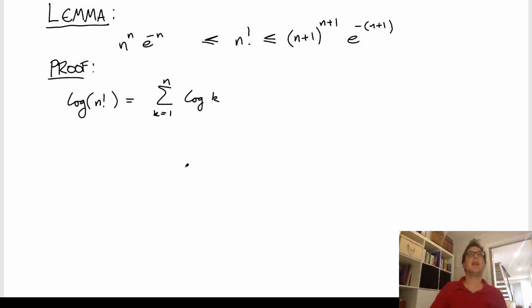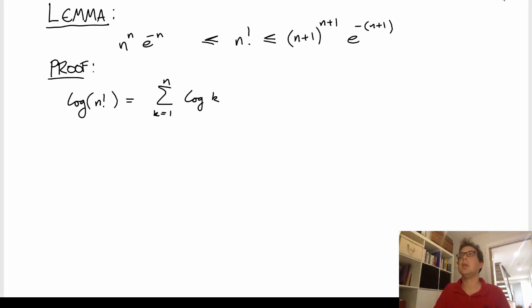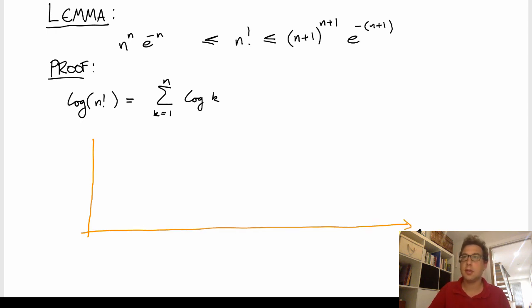Now let's draw a picture of log k. If I draw on this axis x, and then log x, at 1 that function log x is equal to 0, and it grows like this.